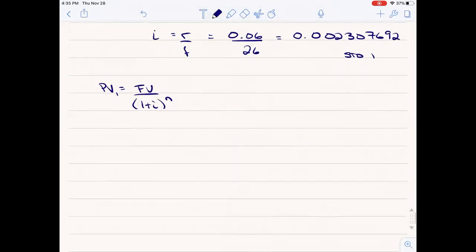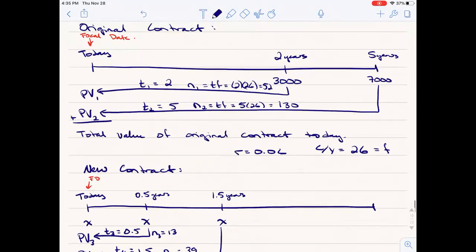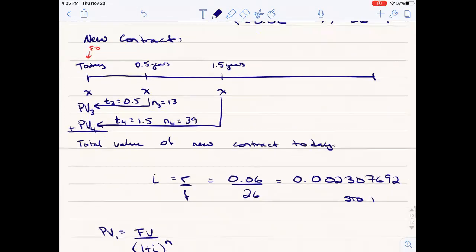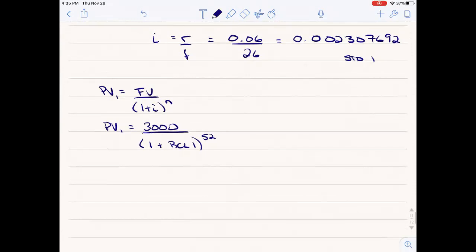So present value 1. The future value of PB1 is 3,000 and n is 52. So 3,000 over 1 plus, and here I'm going to do recall 1, to the power of 52. I can only do that because of what I stored in 1.